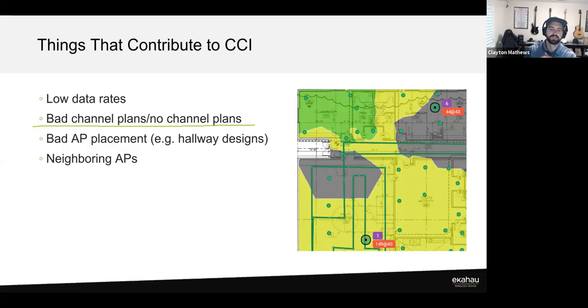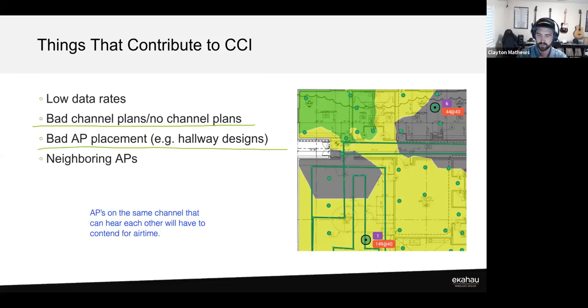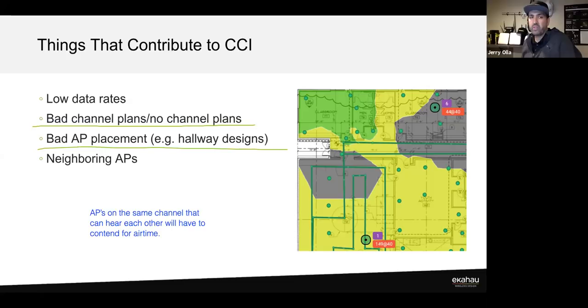Well, if the APs can hear each other really well, like down hallways, for instance, I've got basically just a channel of a reflective tube, so my access points can hear each other really well. Weren't we talking about this yesterday? And I might be stealing from the future, but in large open environments as well, right? Yeah. What are the results of that?